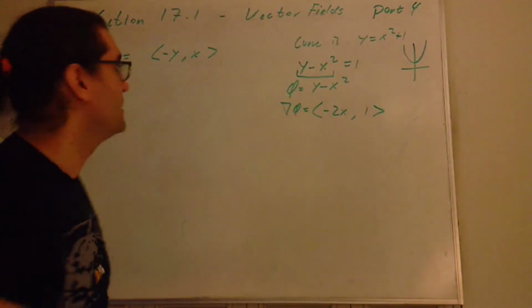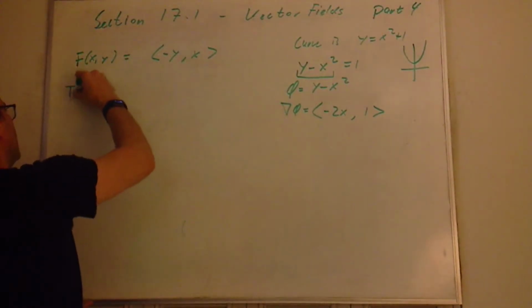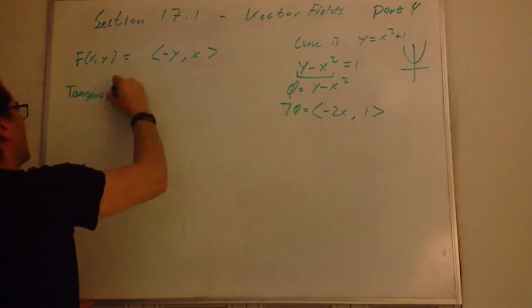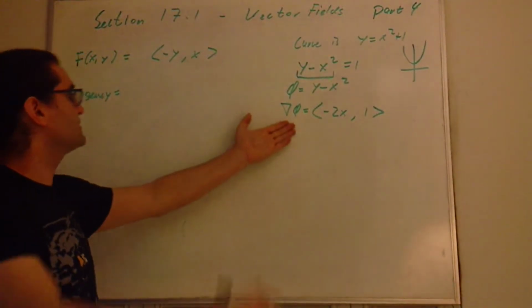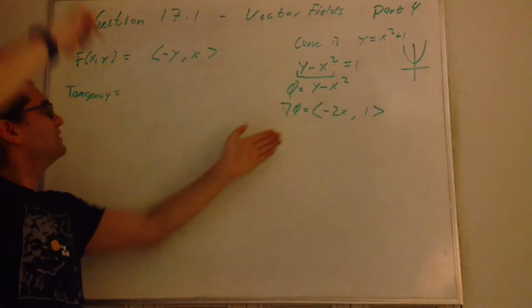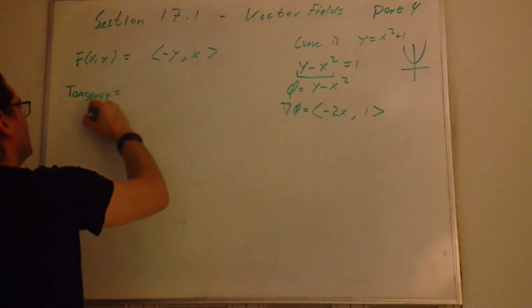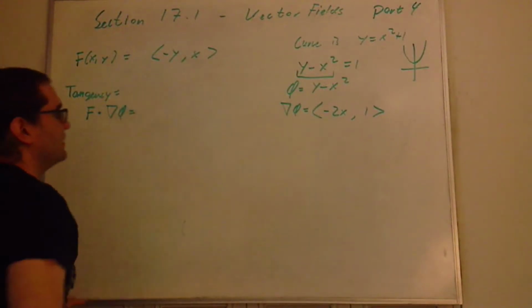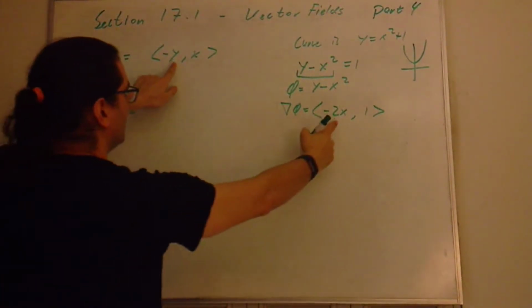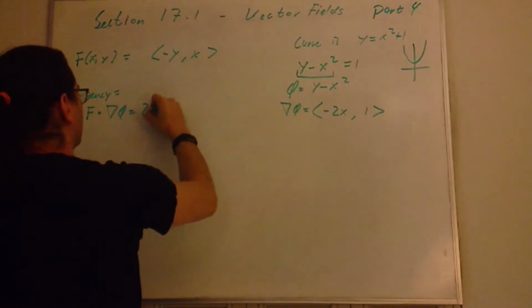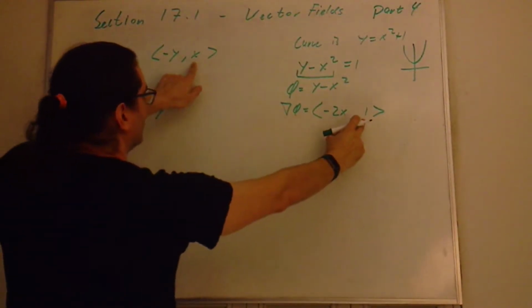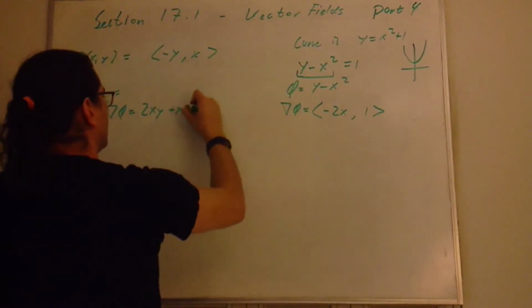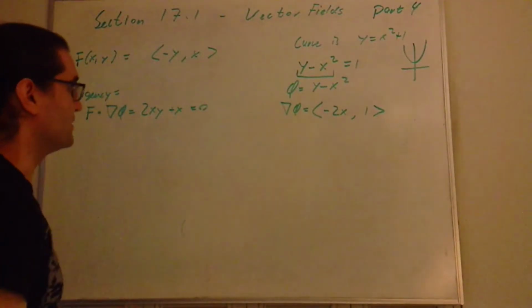So, to check for tangency, I'm going to see where the gradient is perpendicular to the vector field. So f dot del phi is going to give me 2xy plus x. And I want to set that equal to 0.